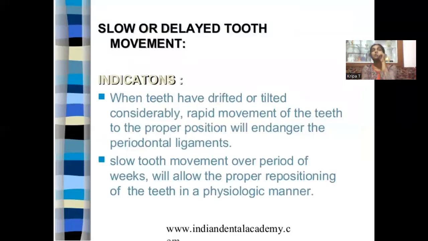So with that, our rapid tooth movement session is over. So once more as a summary, I will suggest you just revise the function of tooth separation, the different modes of creating separation.